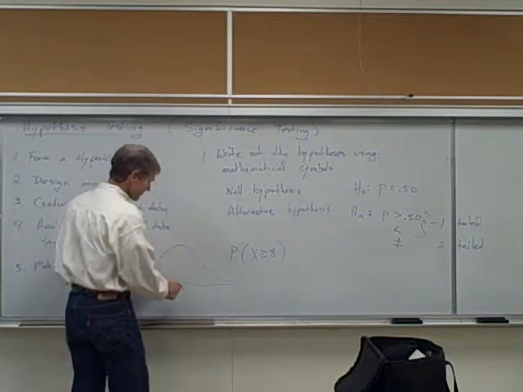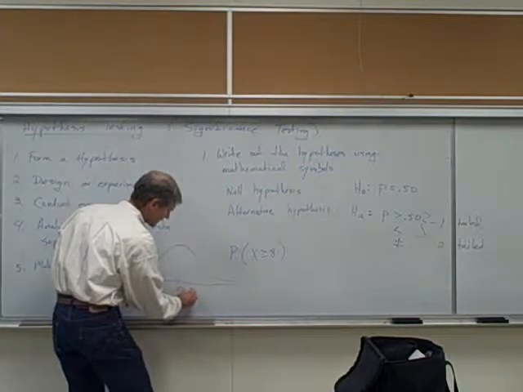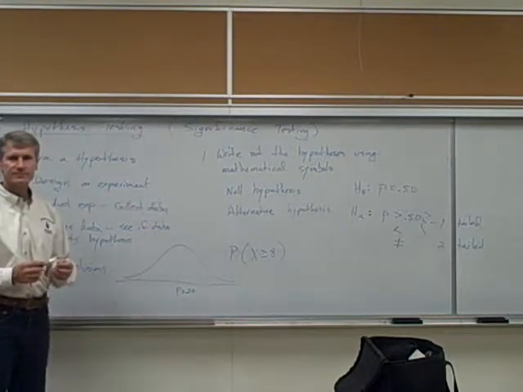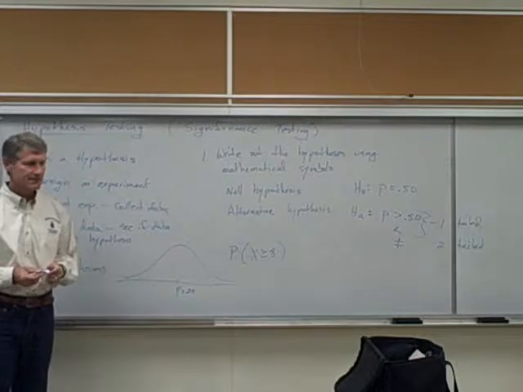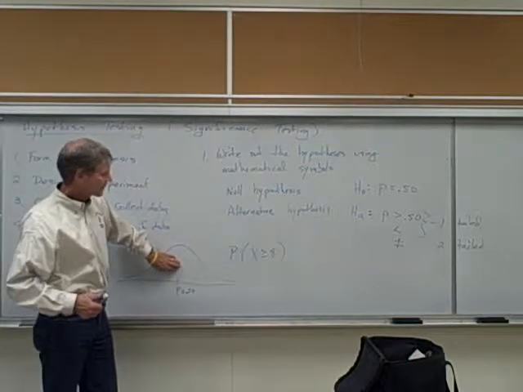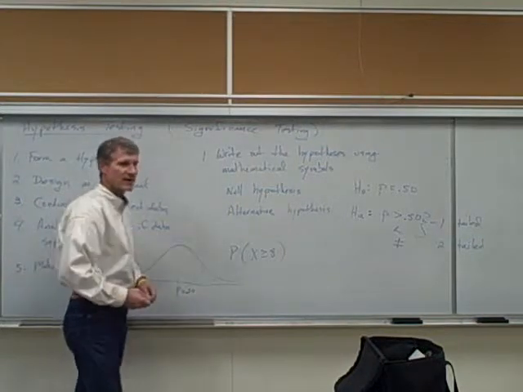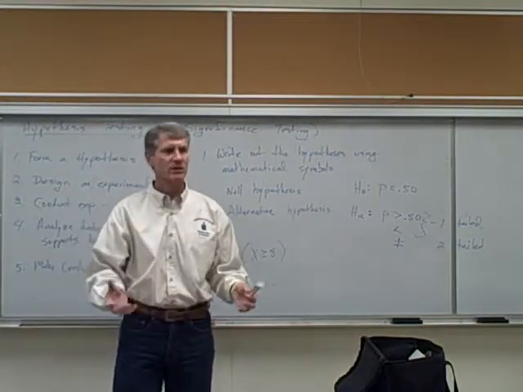In this case, I'm saying that if the null is true, that p is 0.5. So I'm going to reject the null hypothesis if he gets far enough away from 0.5 to convince me. So I say, well, that's strong enough evidence.